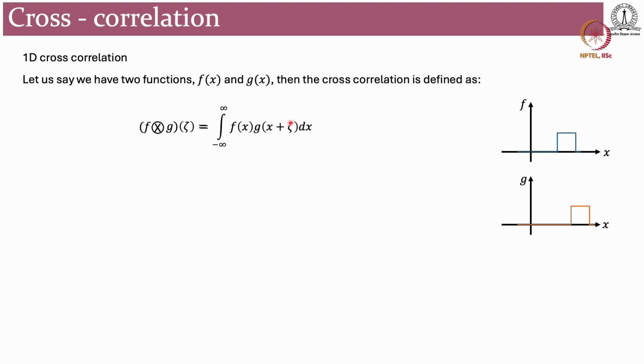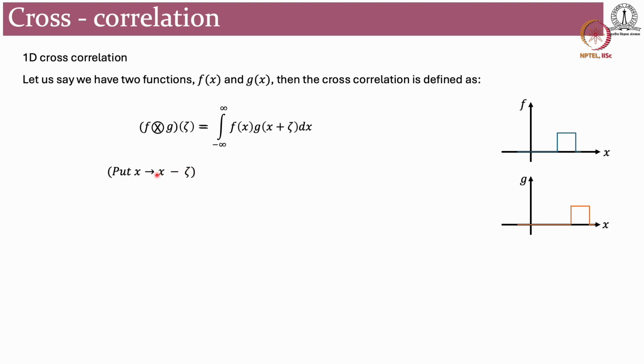And since we are integrating in x, we get a function in terms of zeta. As we talked about in the previous slides, we are interested in shifting the interrogation window, and when you shift it you get the displacement in delta x or delta y. Here, since we are just dealing with 1D cross correlation, we'll get some displacement in x.